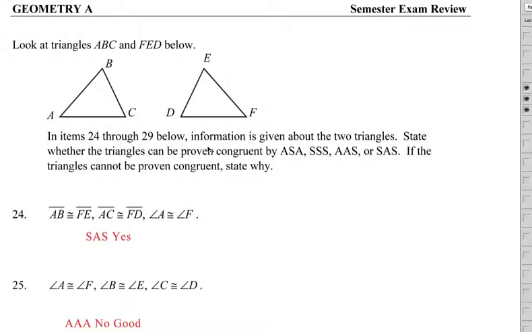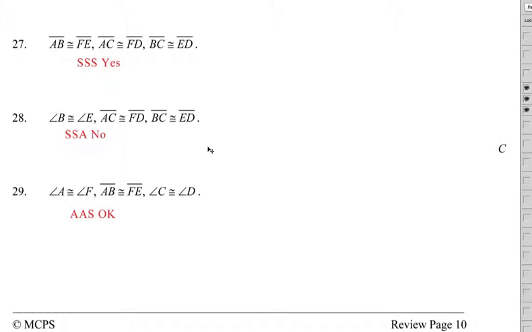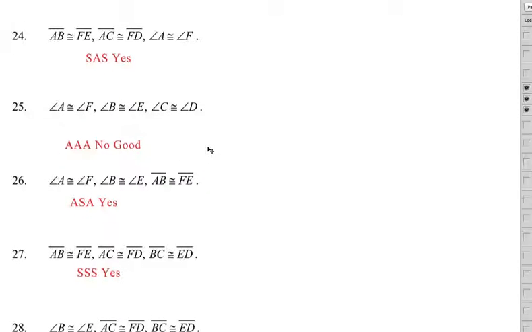All right, so any questions? Okay, so we're going to do the next one, which is 29. Okay, we got angle A and C and AB. So let's take a look.